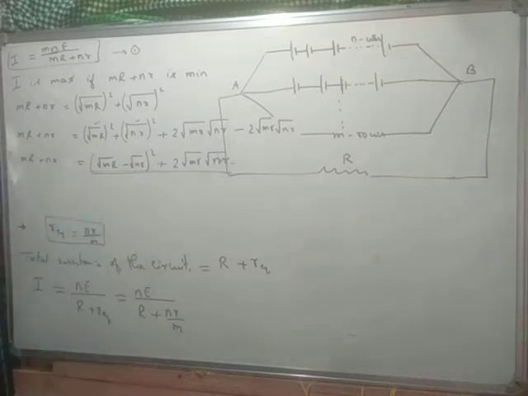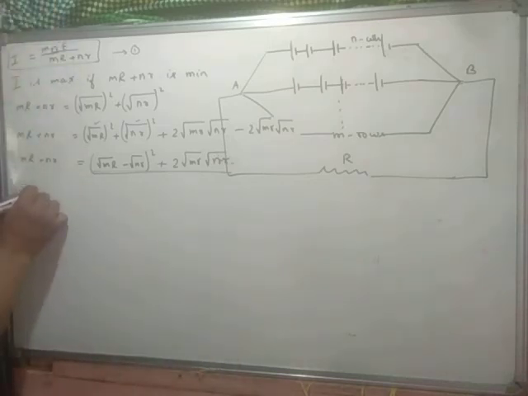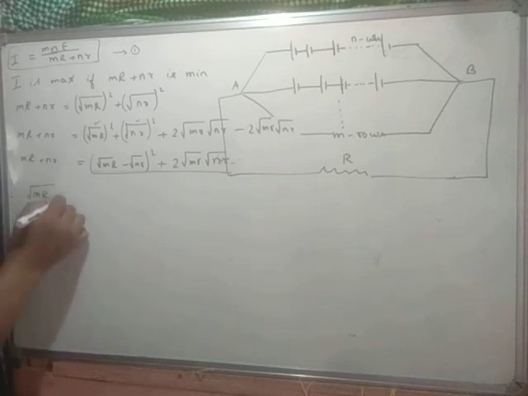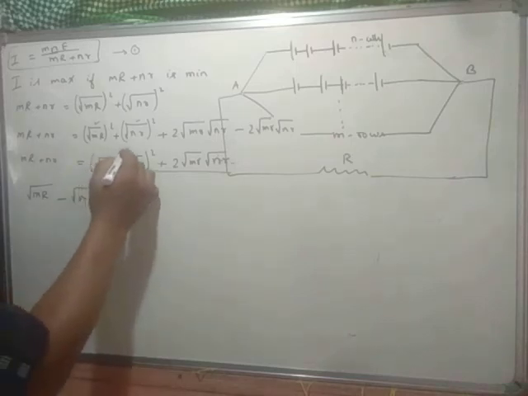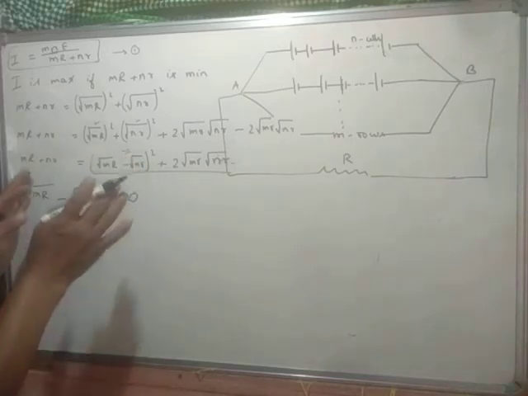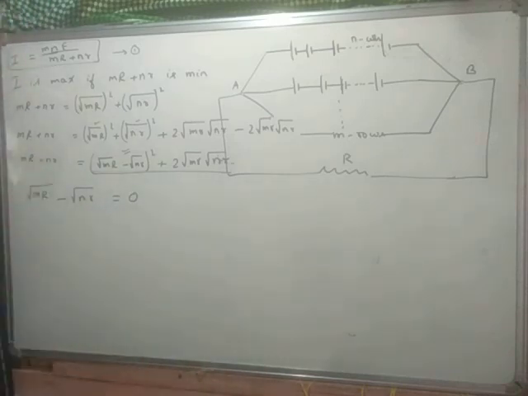So I will write this MR plus NR will be minimum only if root MR minus root NR is equal to 0. Because the least value of this is 0. The least value of the square is 0. You cannot have a negative when you take the square.